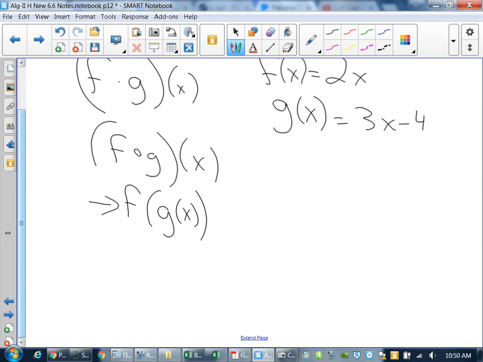And it means the exact same thing if it's just f of g of x. It means write down the g of x equation and surround it with the f equation. That's all that means, because the g of x equation is playing the role of x.